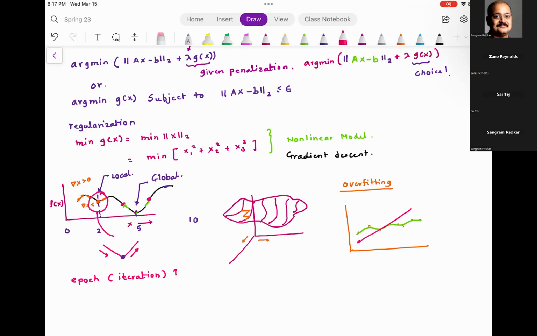But if you underfit, so this is the overfit, and if you underfit, your model may not describe the nature of the data. So with underfitting and overfitting, you need to be very careful.